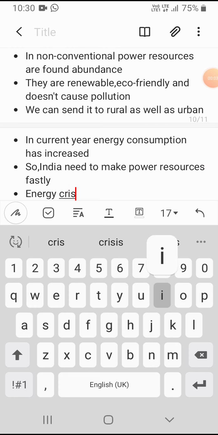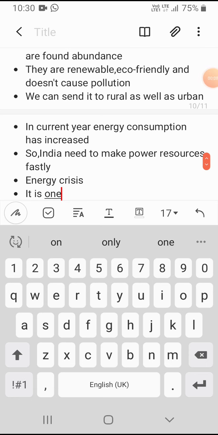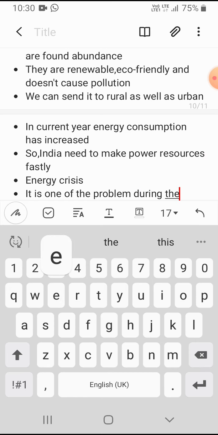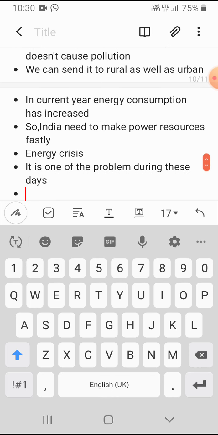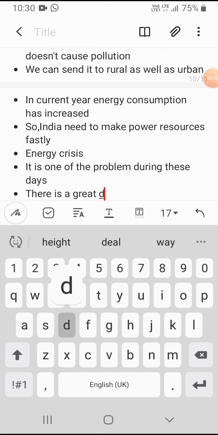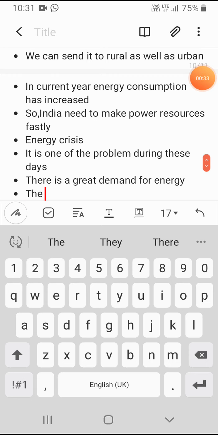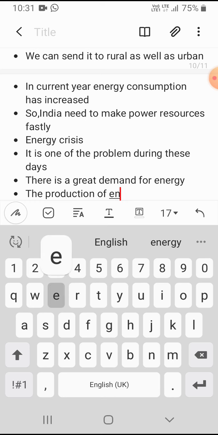Energy crisis is one of the problems these days. There is a great demand for energy, but the production of energy is not sufficient in India.